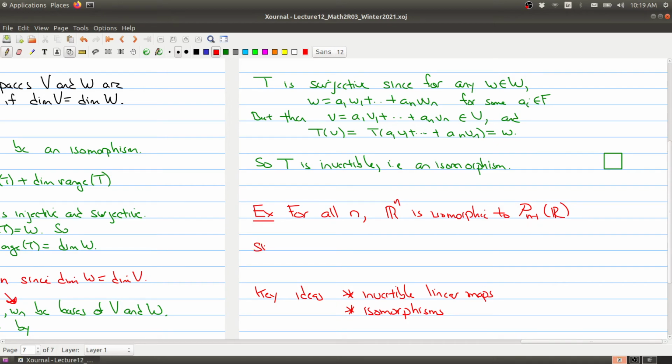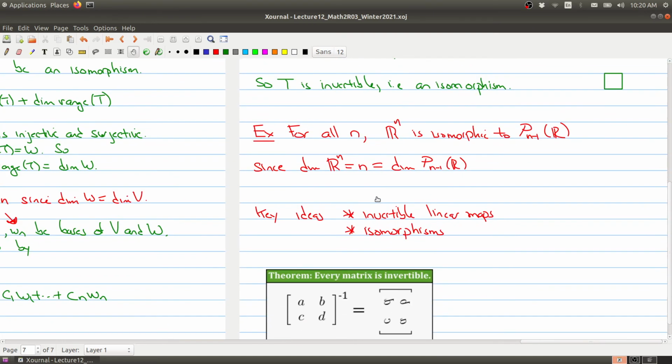That just follows from the fact that both of these spaces have dimension n. So these two vector spaces are basically the same vector space. All that we're doing is storing the information differently.